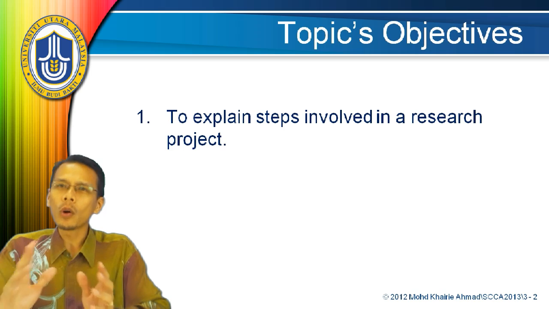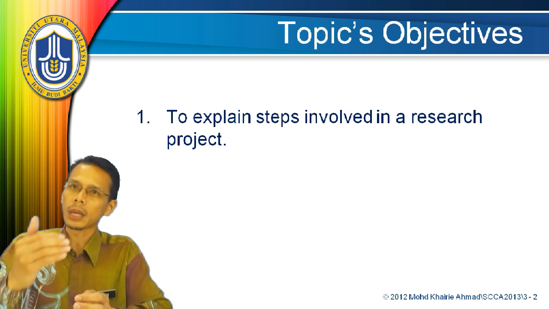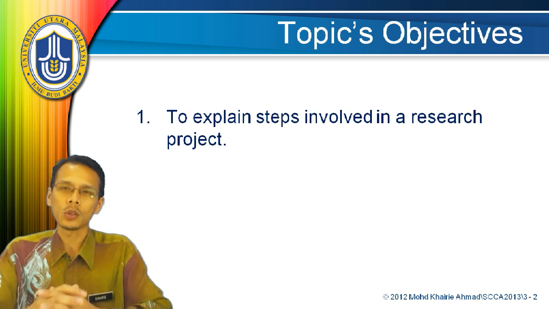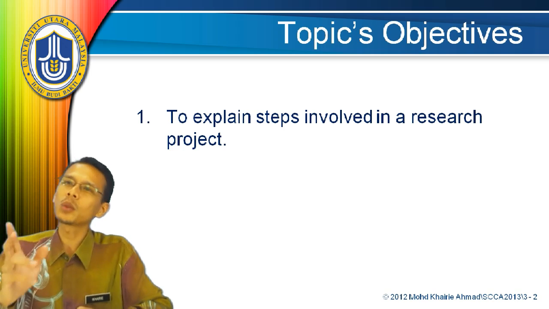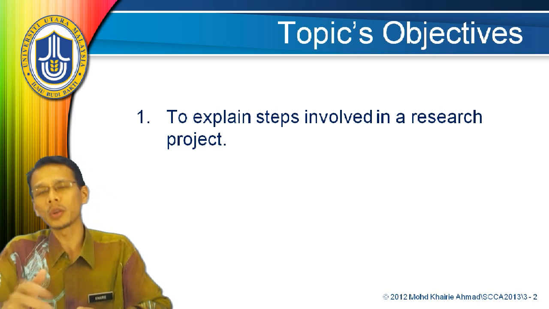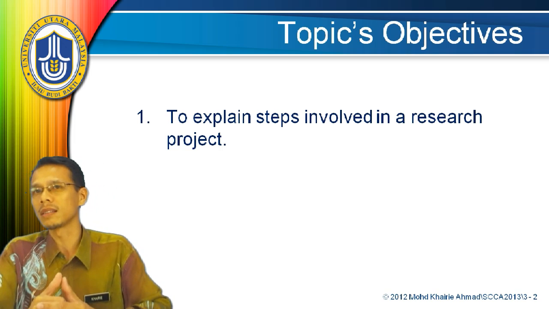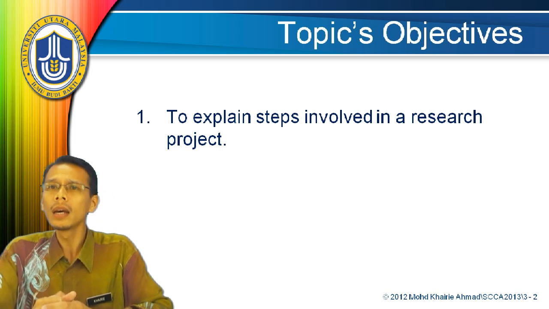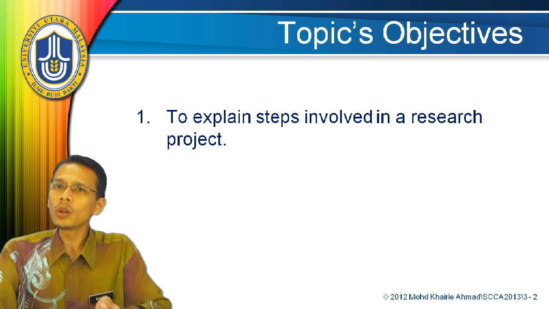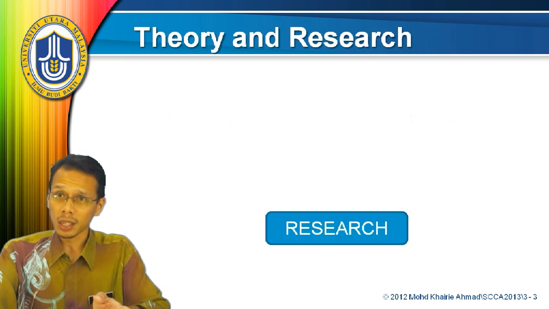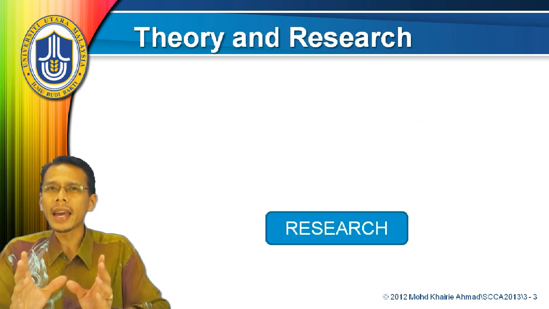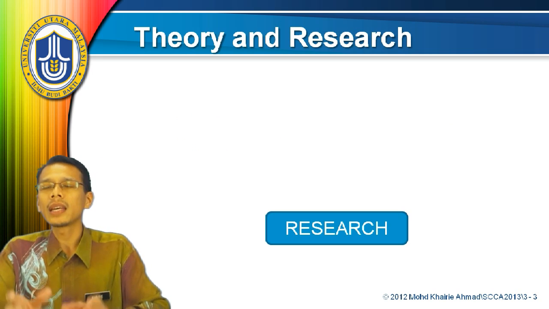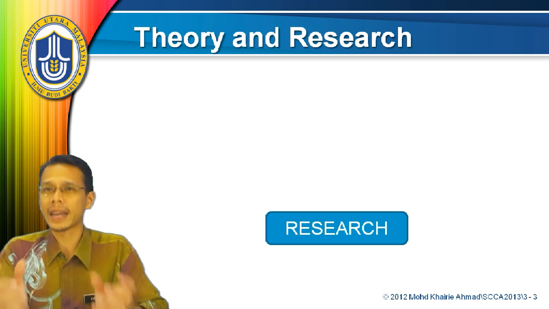Okay, before we go further on those steps involved in the research, let me get you back on track and try to recall what we have done in the past class. As I mentioned in the last class, research is something that has to do with academic.